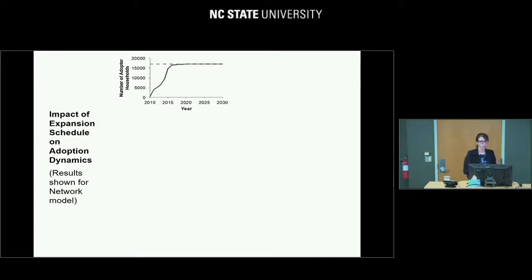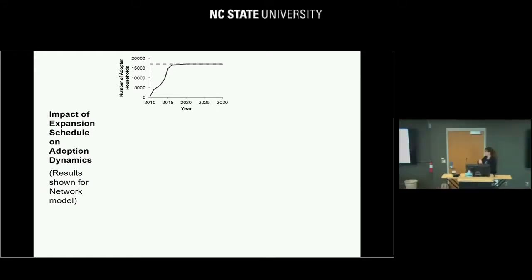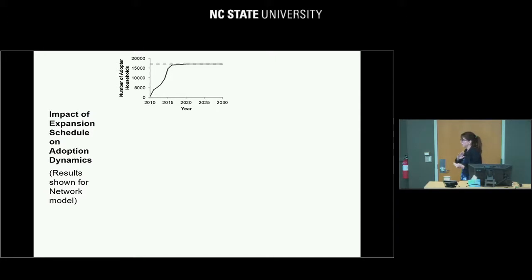Just looking here at the full initial scenario, that means right at 2010, let's assume we can put all the infrastructure in the ground and provide reclaimed water to all 18,000 homes. What are our adoption dynamics going to be? How are they going to play out?